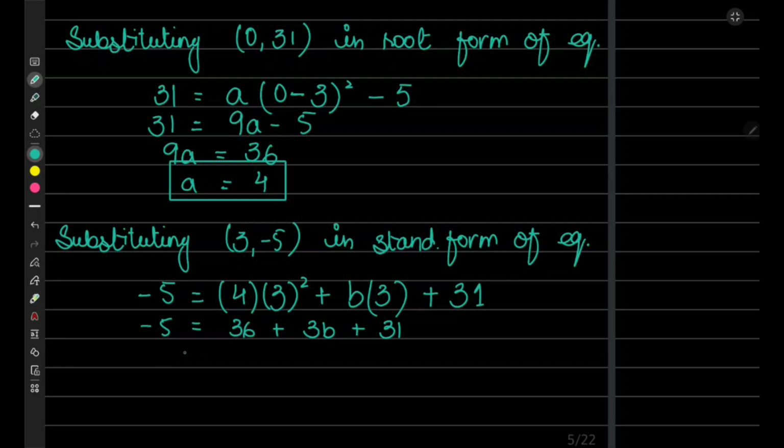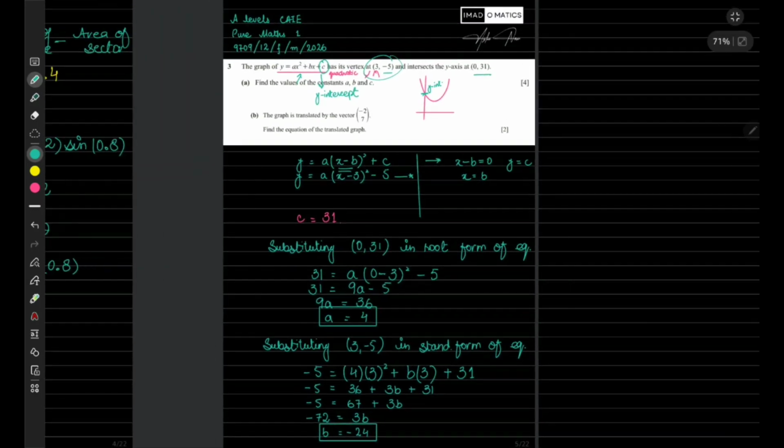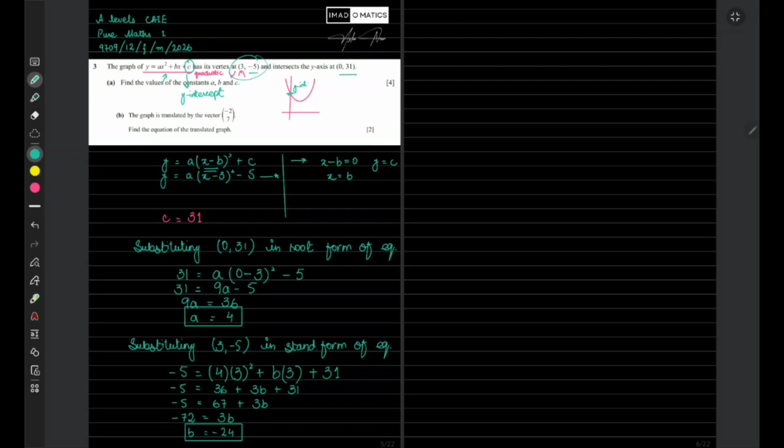So that gives you 3b equals minus 67 minus 5, which is minus 72, and b turns out to be minus 24. This is how we end up getting all three values a, b and c.